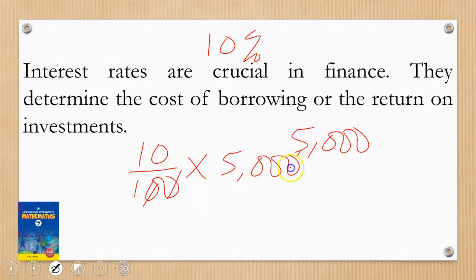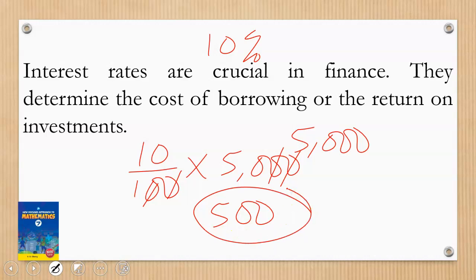Now, upon simple calculation, our answer becomes 500. It means when the year ends, if they are giving you 10% interest, they are going to receive 500 Ghana cedis at the end of the year. All right. So your total income or total amount will be 5,500.